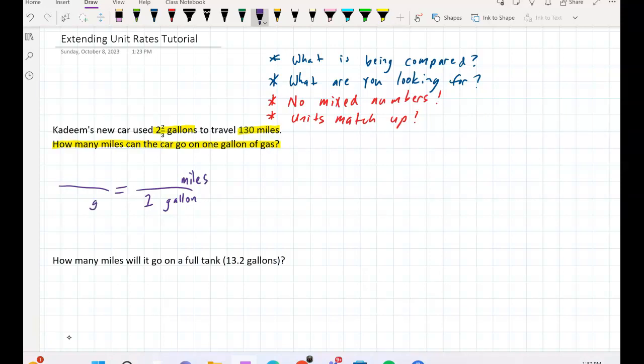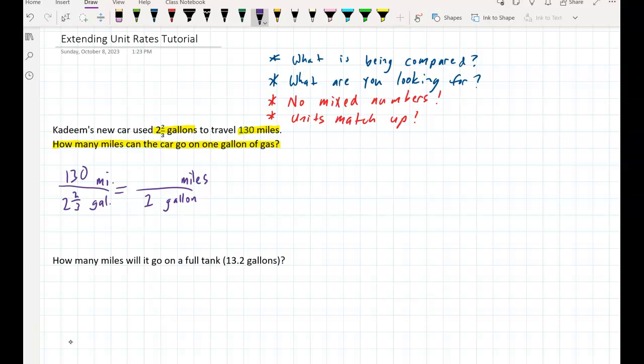Over here where we start, we know that we have gallons and miles. It'll go 2 2/3 gallons, and it'll go 130 miles on that. We can see that the units on top and bottom match up.